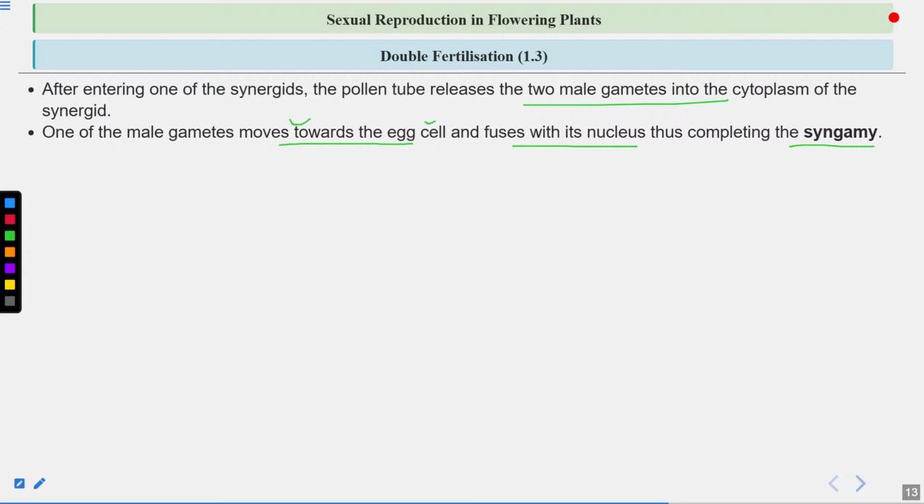Are the male gametes cells or nuclei? Actually, it is a cell only, but it has a very small amount of cytoplasm. Only a small bit of cytoplasm is attached with this male nucleus. So basically it is called a male nucleus.